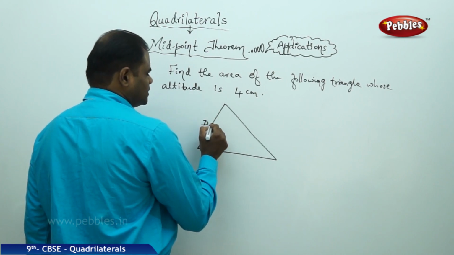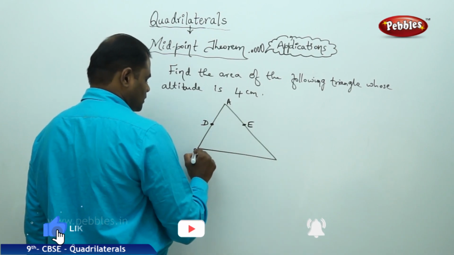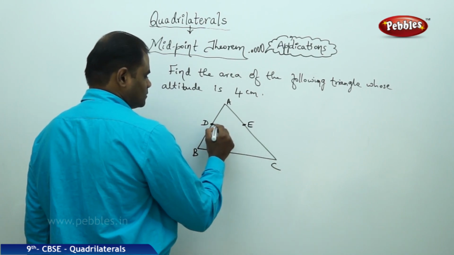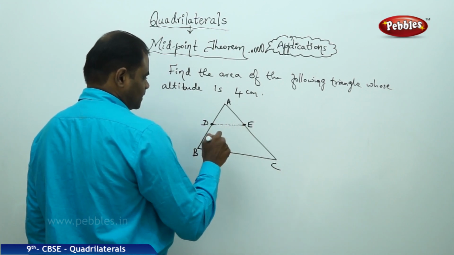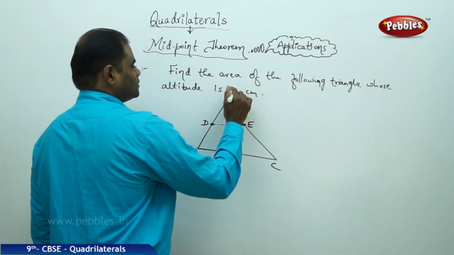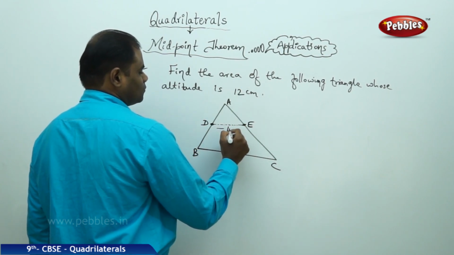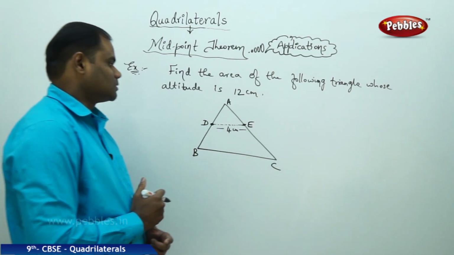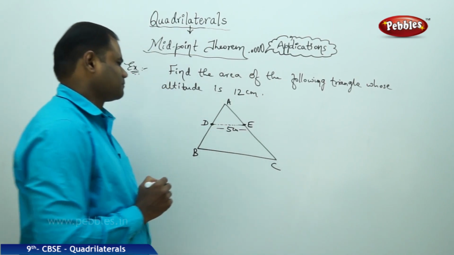The question says D is the midpoint and E is the midpoint, and ABC is a triangle such that my altitude is, let me take 12 centimeters, and this DE to be 5 centimeters is what is given.